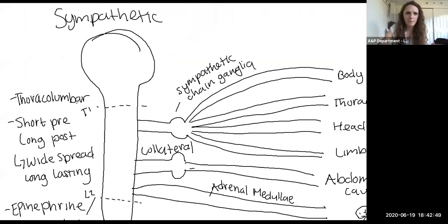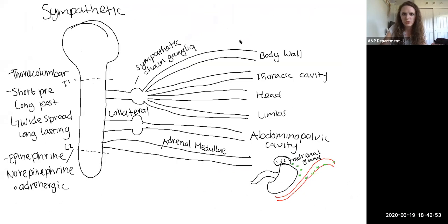We're going to talk about synapses real quick before we jump to parasympathetic. Okay, so we just did sympathetic. You had the short preganglionic neuron. Short preganglionic neuron.